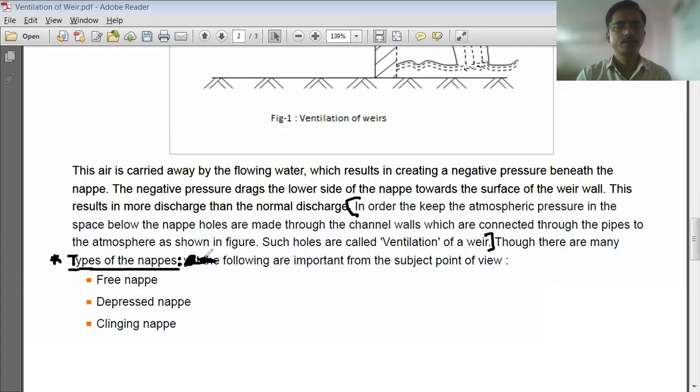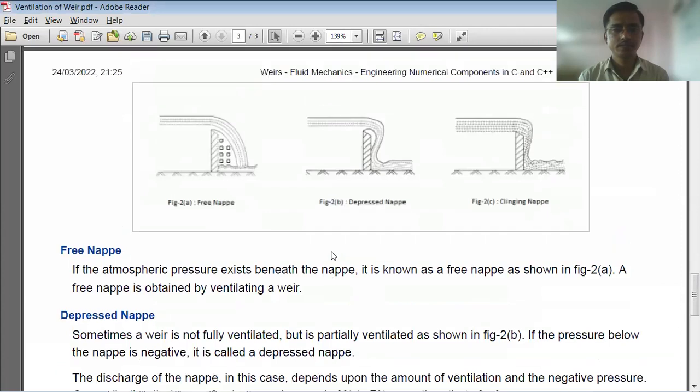Following are the important types of the nappes from the subject point of view, or directly write down these types. Draw the diagrams here like this. These three diagrams: free nappe, depressed nappe, and clinging nappe.